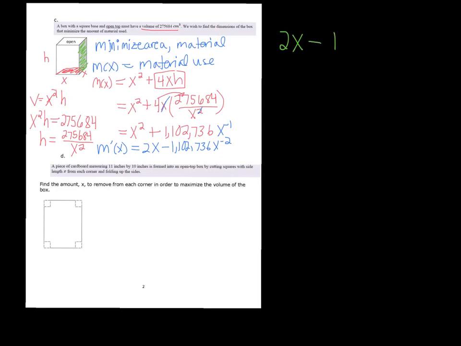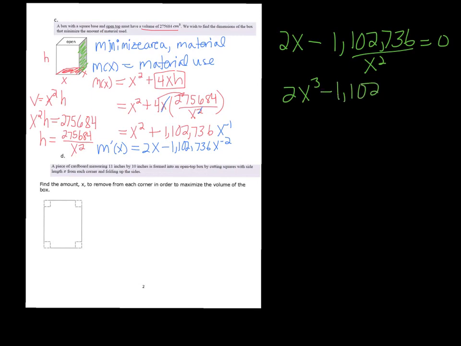So it's going to be minus 1,102,736 over x squared equals 0. Multiply both sides by x squared and we get 2x cubed minus 1,102,736 equals 0. And that's pretty easy to solve for x, and you should get that x is 82. All right.